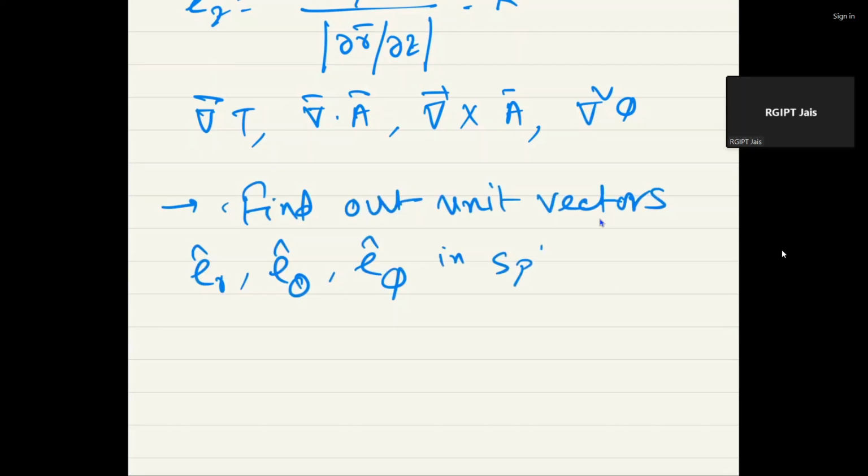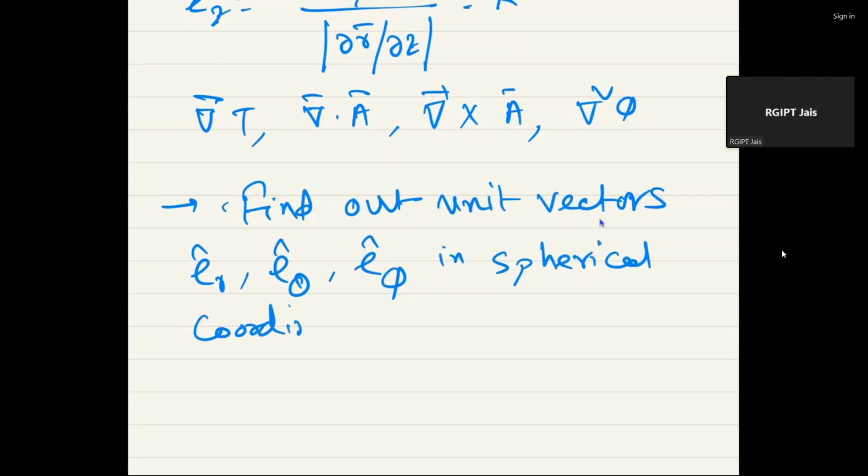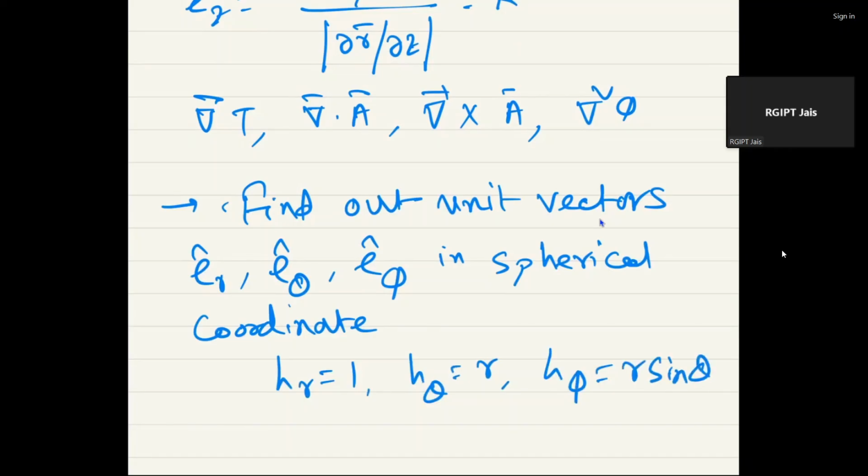I can give you the final values. The scale factors will be H r, that will be 1, and H theta, this will be r, and these are the scale factors. But you should find the expression for these unit vectors yourself using the same method.